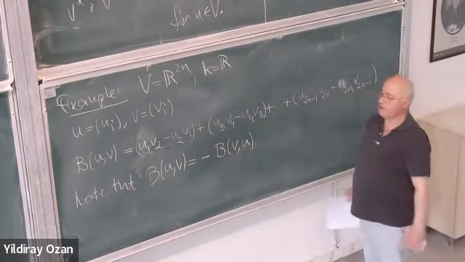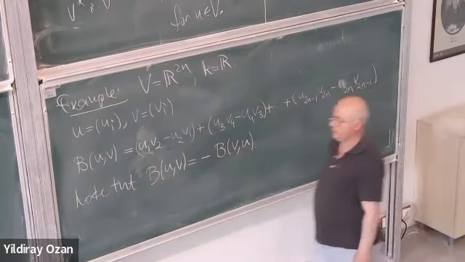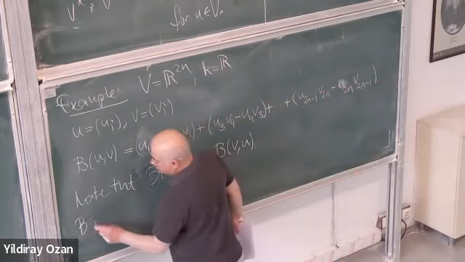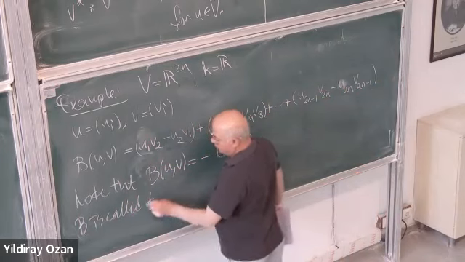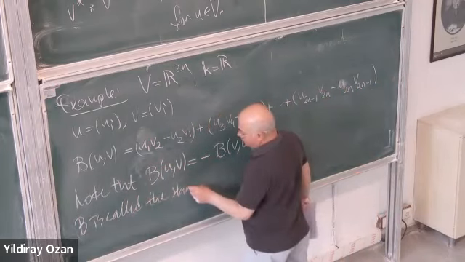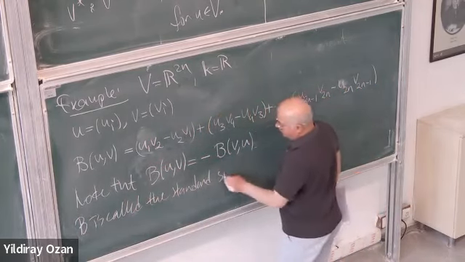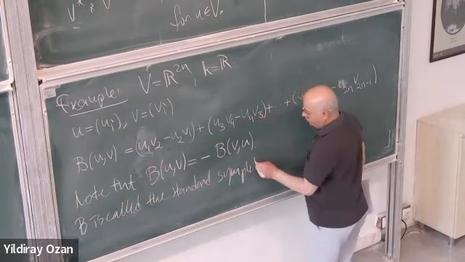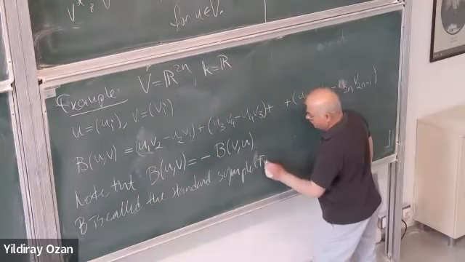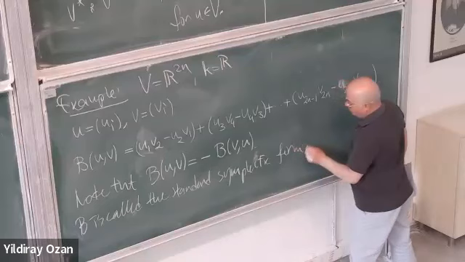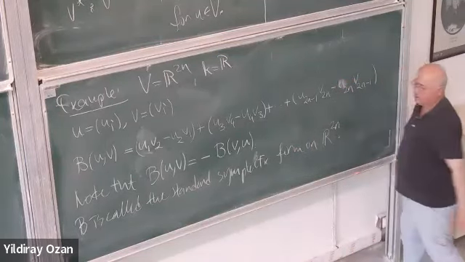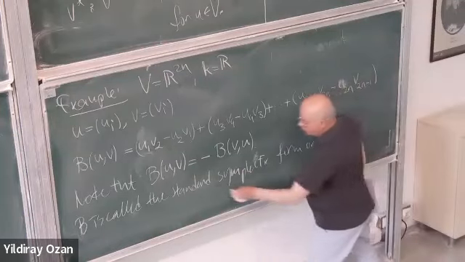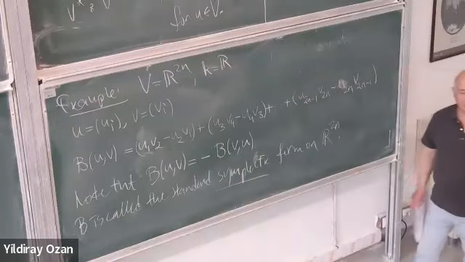Okay, and this is called the standard symplectic form on R2n. So this is a new word for this symplectic form.